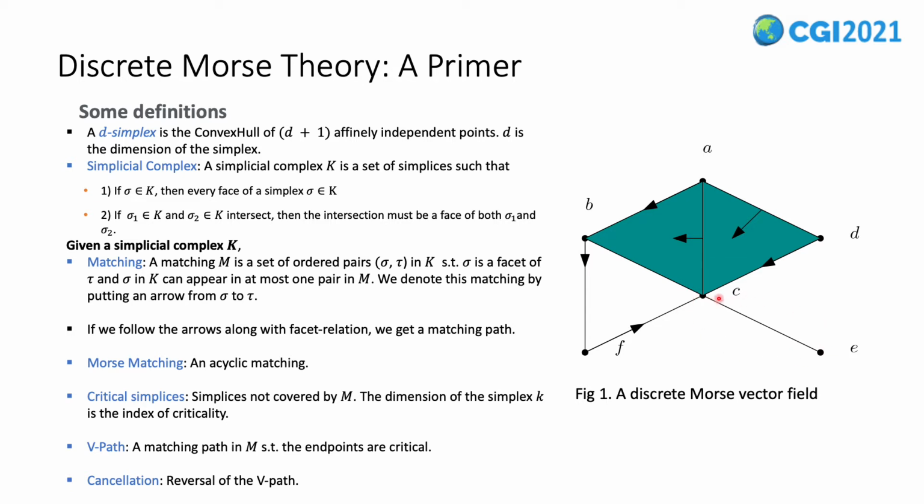The dimension of edge CE is 1, so we say CE has criticality 1. The same goes for this edge BC, which is also a critical simplex. This vertex E is also a critical simplex. Now we can define a V-path: a matching path in M, and if both endpoints of this path are critical, then we say it's a V-path.